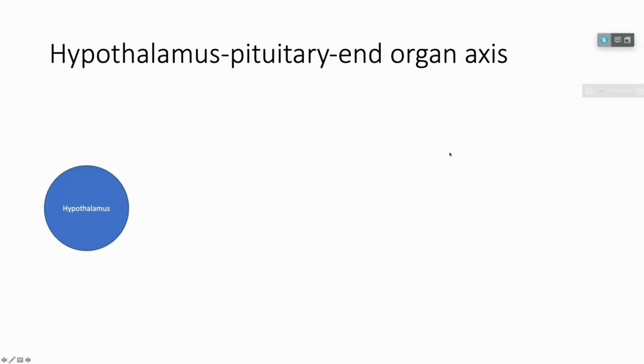All right. Okay. So next we're going to talk about the hypothalamic-pituitary-organ axis. So it could be the hypothalamic-pituitary-thyroid axis, or the HPA axis. The general way that you have hormonal control in your body is that you have the hypothalamus, which releases some releasing hormone, so TRH, thyrotropin-releasing hormone, for example.